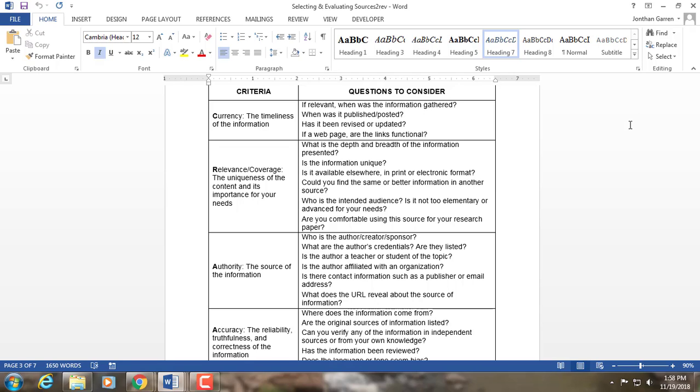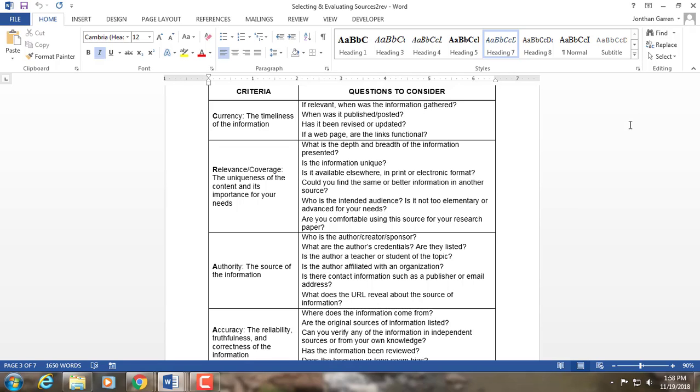Relevancy and coverage. This looks at the uniqueness of the content, and how important it is to your needs. Where does this content fall in terms of your research and your topic, and not just your specific research topic, but the subject your research is coming from in general? If you're looking at a sports organization, how relevant is this website to the overall organization? Is it actually run by the organization?